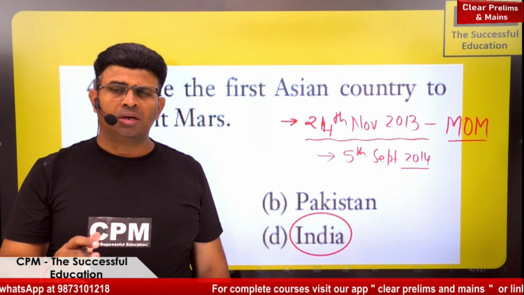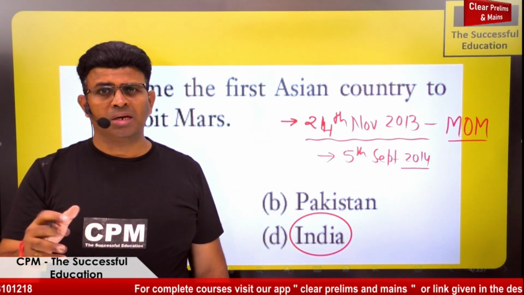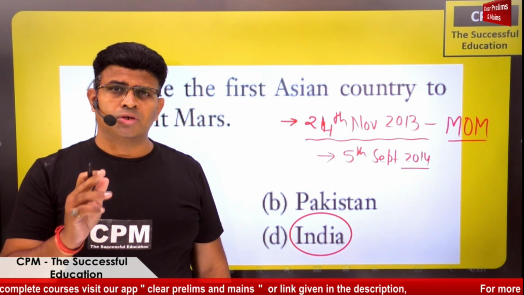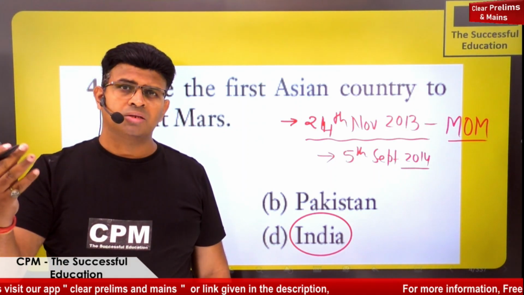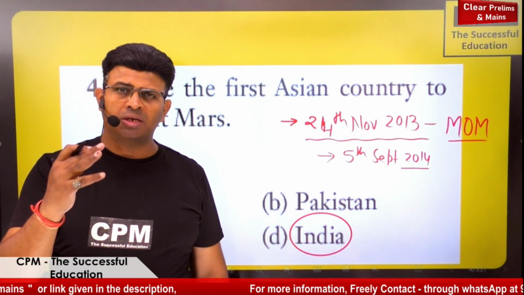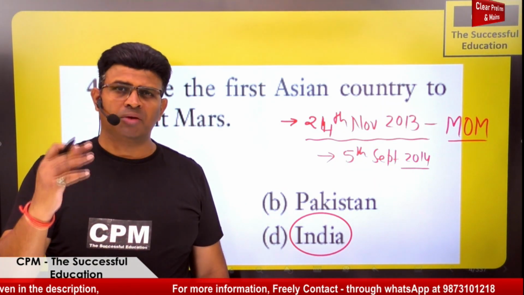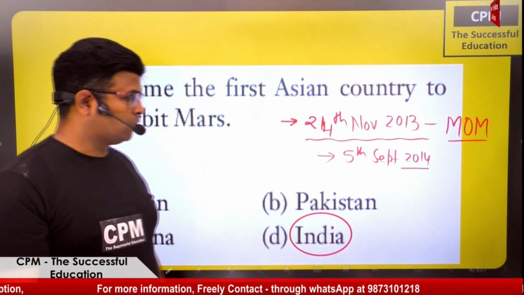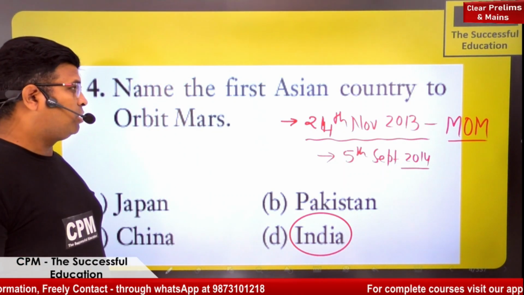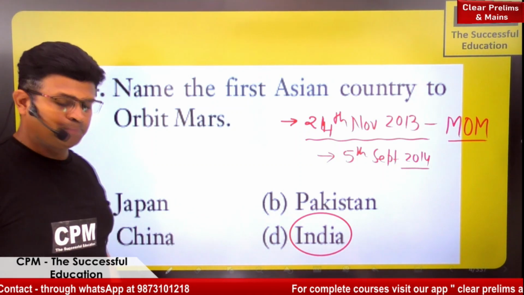In the world, India is not the number one in terms of reaching earlier, USA and others did. But in the world, India is the first who is able to reach Mars in its first attempt. Other countries had failed in their first attempt, but India reached in its first attempt itself. So this is the importance related to India, the Mars Orbital Mission, that is Mangalyaan.